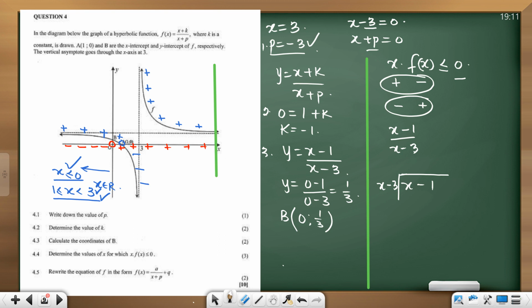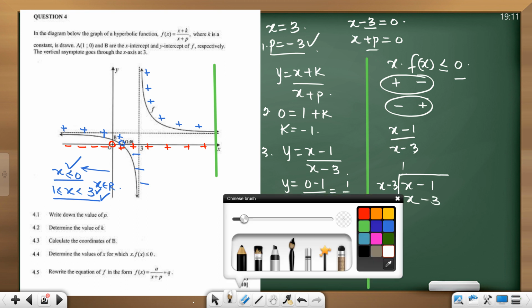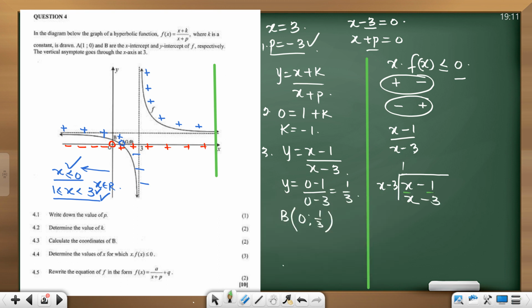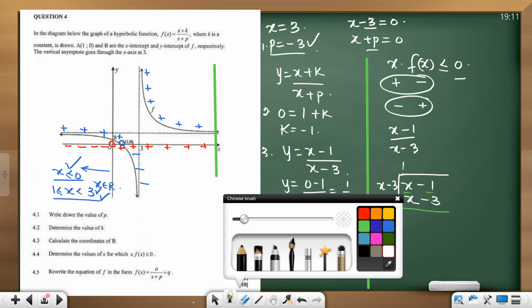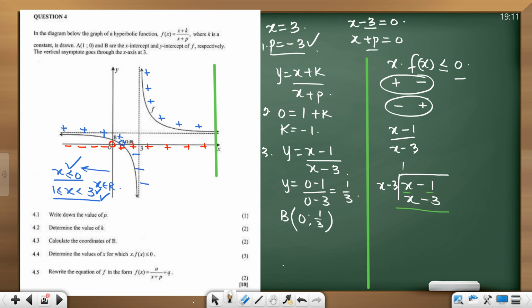How many times will x go in x? Once. Trying to get rid of x. What do we do? Can we multiply in? X would give us what? X. X minus x is what? 0.